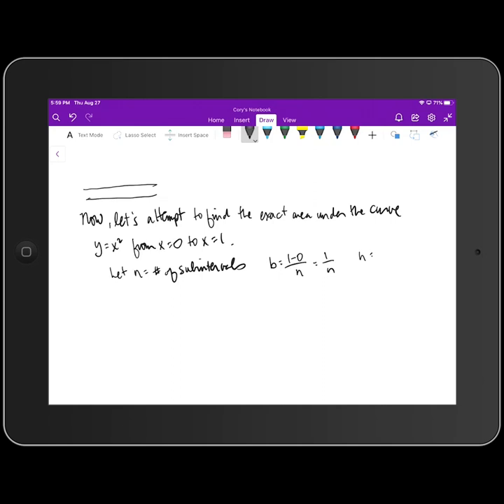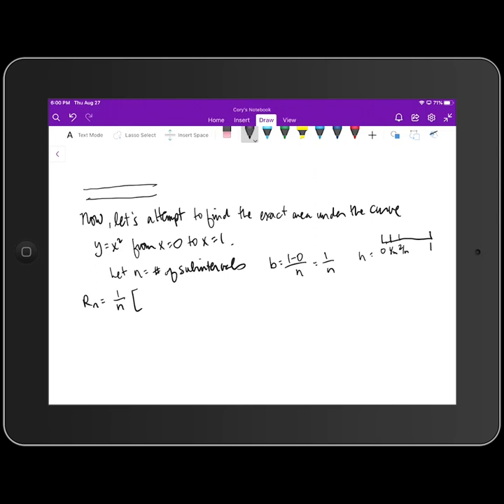Okay, so R sub n is going to be equal to, since that base length is uniform, I'm going to go ahead and factor that base length out. Then if we take the interval from 0 to 1 and divide it up into n subintervals, that next value on the number line is going to be 1 over n, then 2 over n, and so on and so forth.